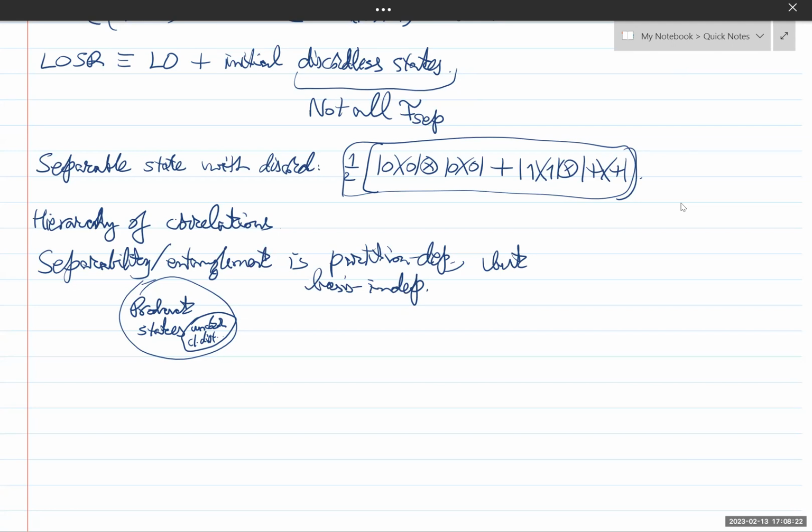So the little thing of uncorrelated classical distributions, what I mean here is that you can think of it as equivalence classes of quantum states, where each equivalence class corresponds to one classical distribution, right?